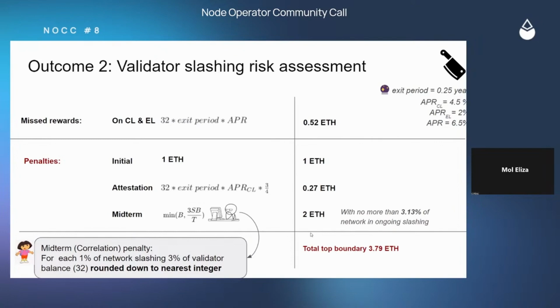So the framework here adds an additional assumption on which risks, in terms of ongoing slashings within the network, we are trying to protect against, and we are trying to transfer the risk onto the bond. And for this particular example, this would be 3.79 ETH.